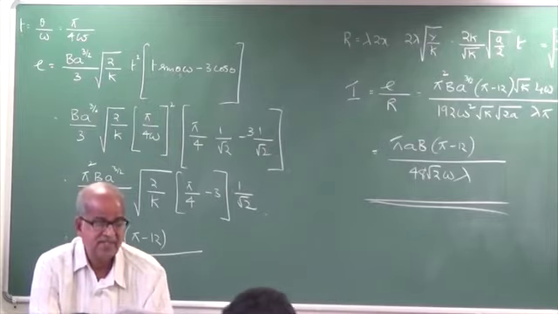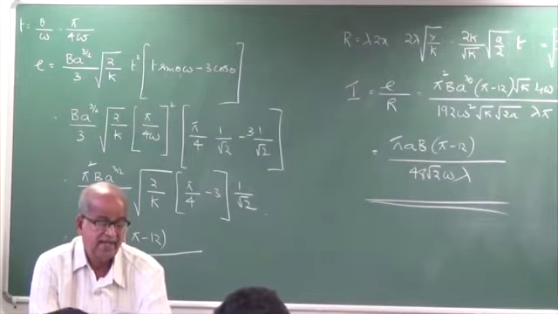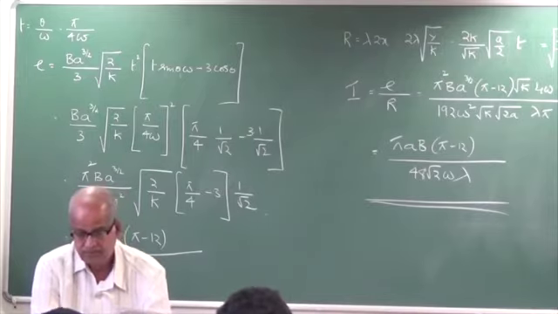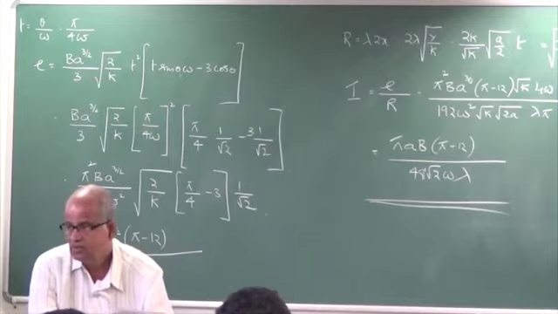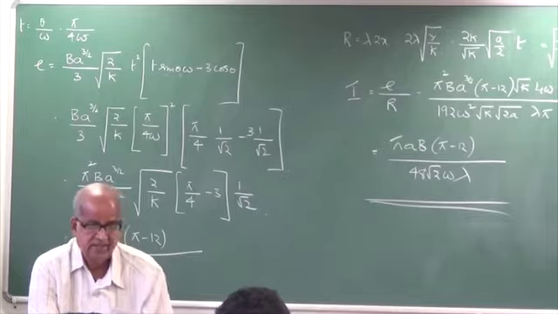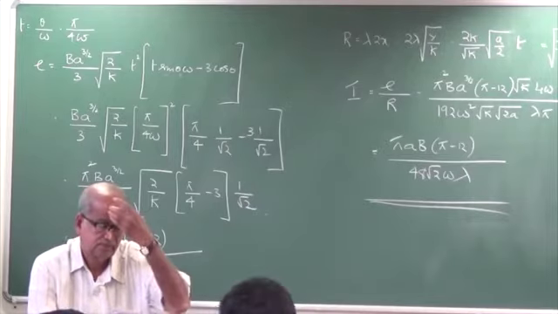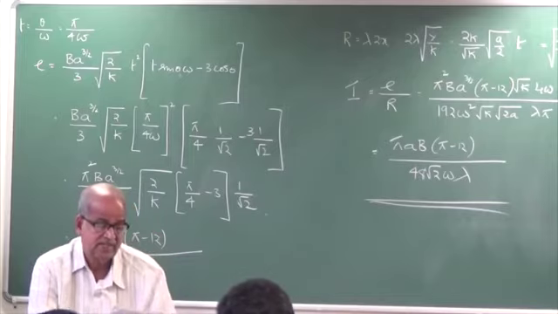At the moment t is equal to 0, the rod AA' starts moving to the right with an initial velocity V naught.